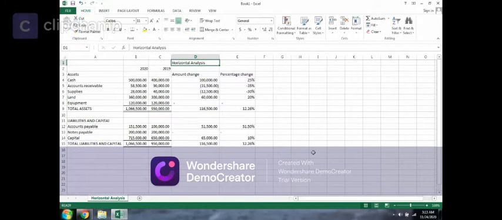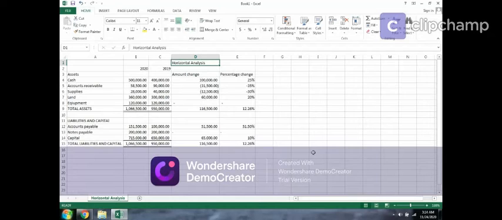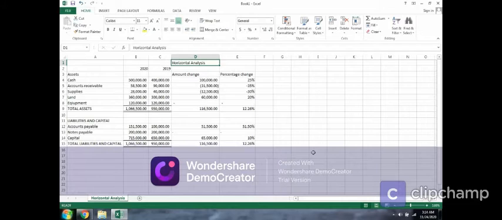Now try to solve the amount change of land from 360,000 in 2020 and 300,000 in 2019. Okay, the correct answer is 60,000.